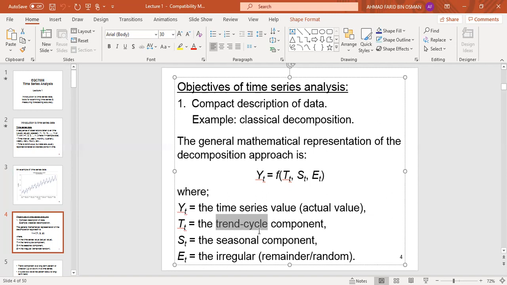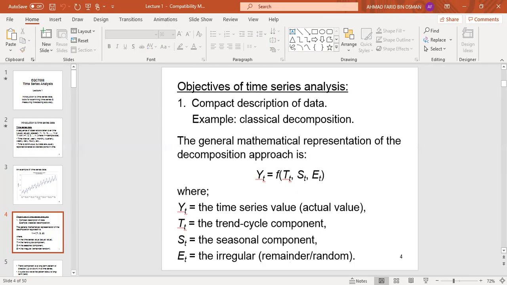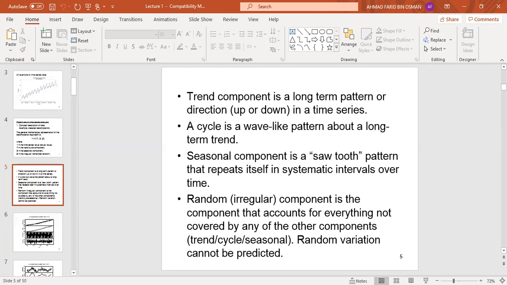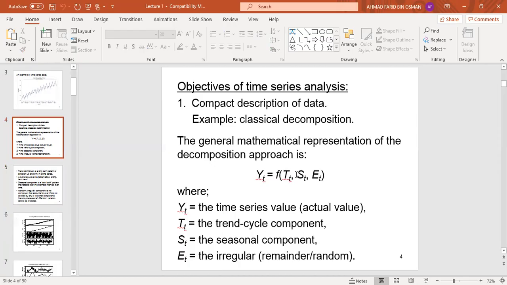Again, the trend-cycle component represents the long-term direction of the series. In the next slide, we explain the difference between trend and cycle. And then St is the seasonal component, and Et is the irregular, remainder, or random component. So Yt is made up of different components: trend, seasonal, and irregular.